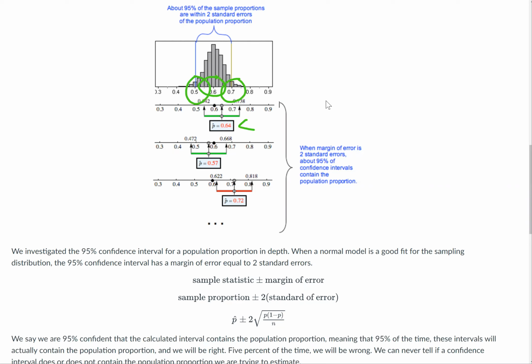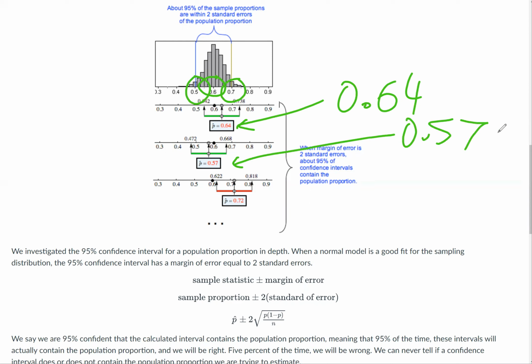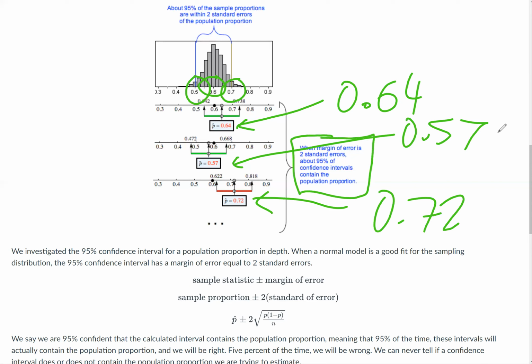If you're looking at, for example, 0.64, that is within the margin of error, so that one is green because it's in there. 0.57, same thing. But 0.72 is not in there. That's too large, which is why they made it red. We saw this before, but it's worth repeating: when the margin of error is two standard errors, about 95% of confidence intervals contain the population proportion.